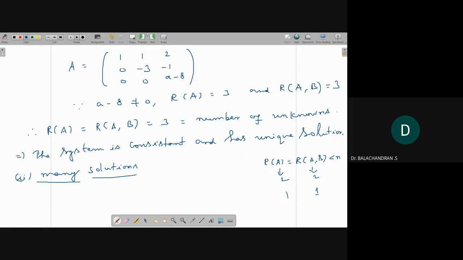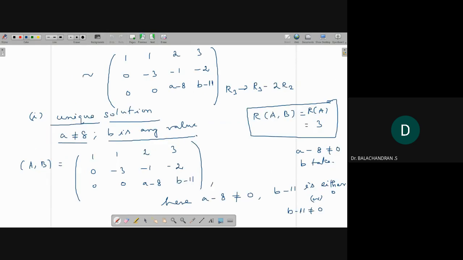So now think about when the rank of A equals 2 from this matrix. A minus 8 is equal to 0. Then B minus 11 is also equal to 0. If B minus 11 is also 0, then the rank of A comma B equals 2.